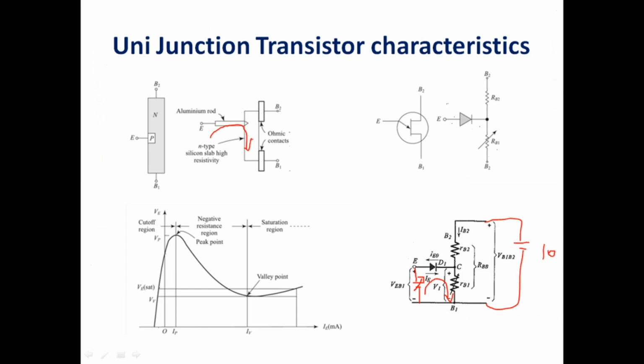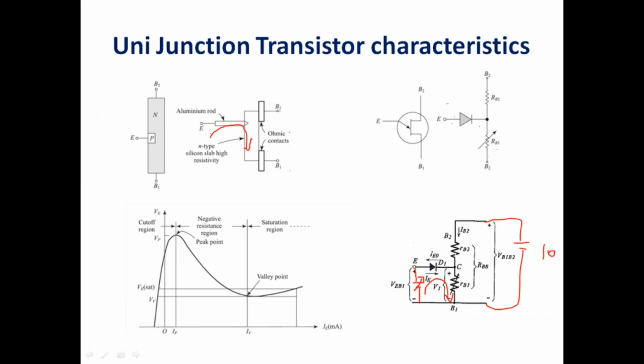This is a silicon slab. When more and more holes are emitted to this part, the carrier concentration increases, or I can say the conductivity increases and the resistivity of this part will reduce. That's the reason this RB1 is shown as variable.